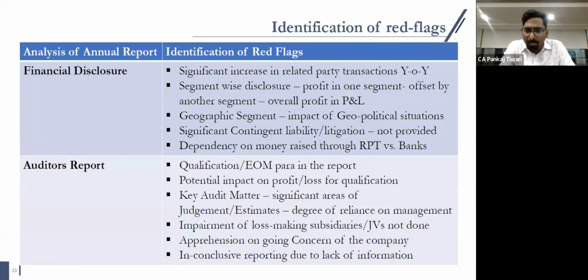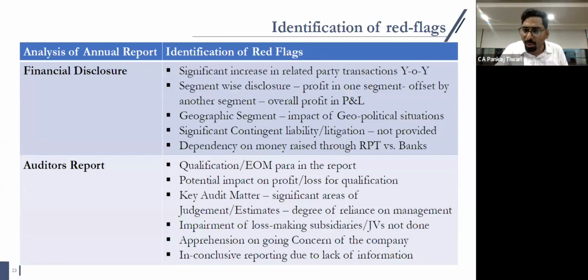Now, if you look at the auditor's report, I think we have discussed it very clearly. Are there any qualifications or emphasis of matter paragraphs in the audit report? Sometimes, my friend, unfortunately, the auditors try to put some information in the audit report which could be called a qualification as well. So you should look at that.